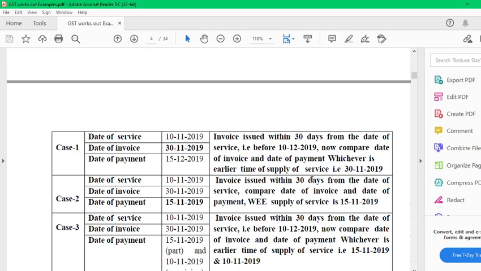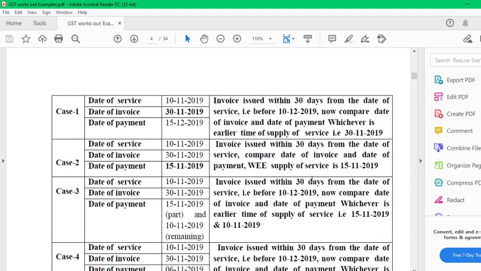The earlier date is the date of payment, 15/11/2019, which is the time of supply of service. First you compare the date of provision of the service and the date of invoice, to check the invoice is issued within 30 days. Then you take the date of issue of invoice and payment, comparing them for determining the time of supply of service.